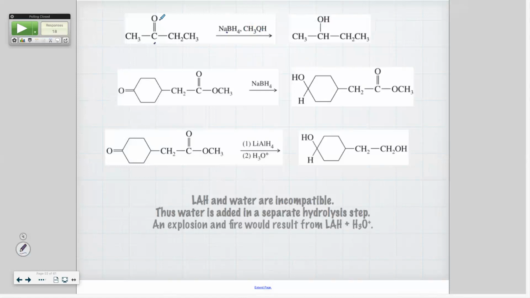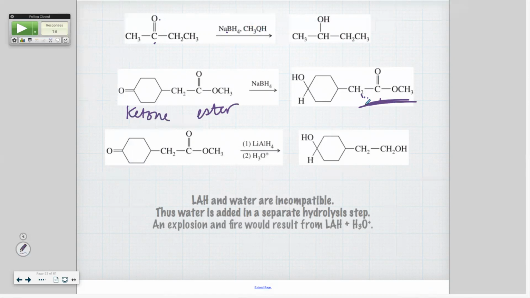Okay, so look at this one. This one has a ketone over here and an ester over here. Agree? Okay, so the sodium borohydride will only reduce the ketone. The ester doesn't get reduced.